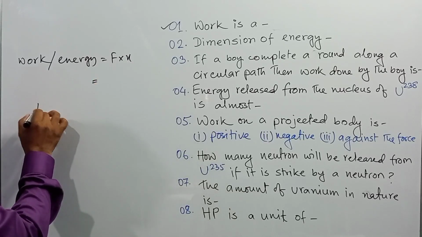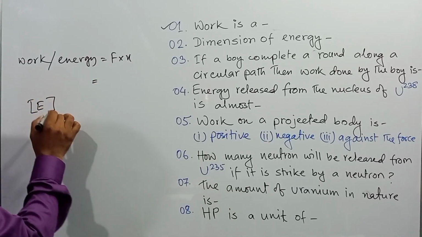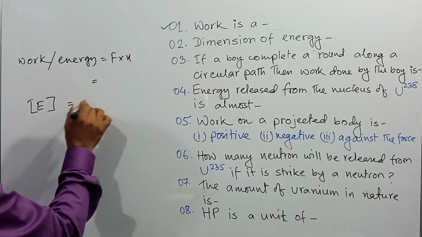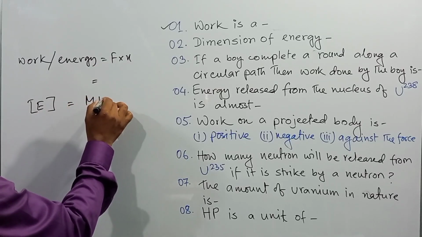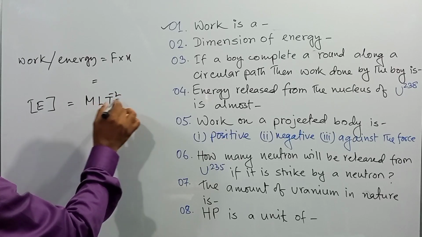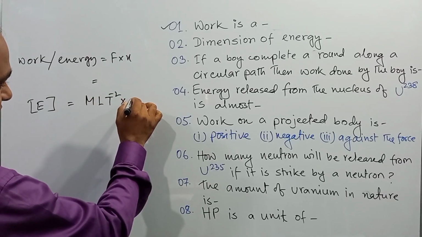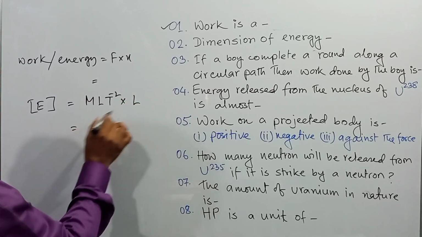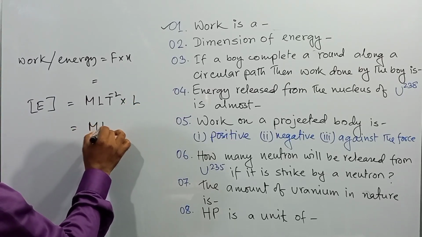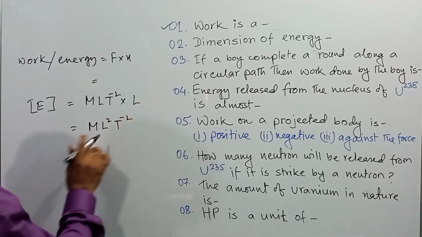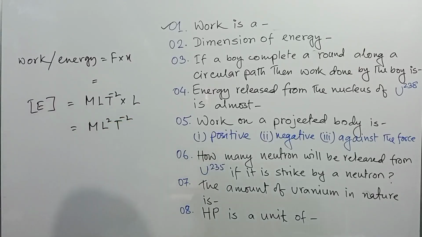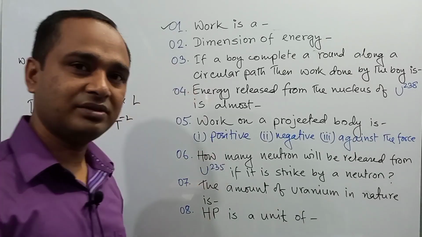So dimension of energy: the dimension of force is M L T inverse 2, multiplied by the dimension of x or displacement, which is L. So finally the expression will be M L square T inverse 2. So this is the dimension for the energy or work.